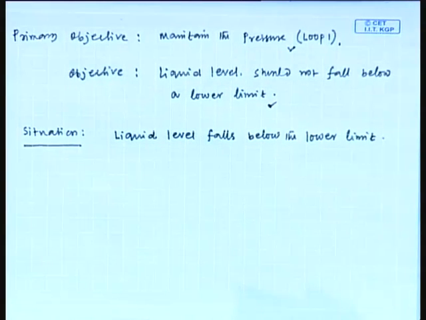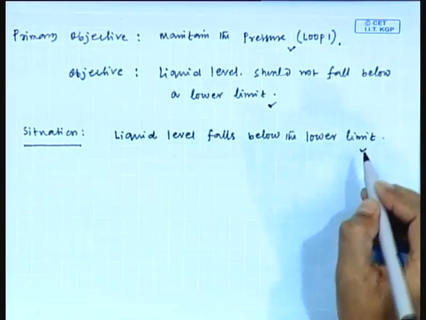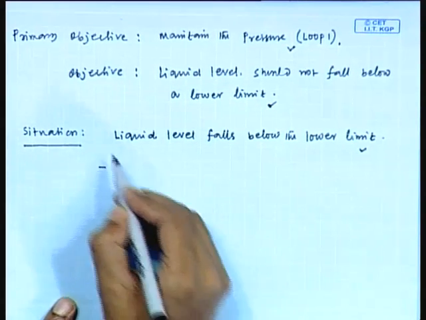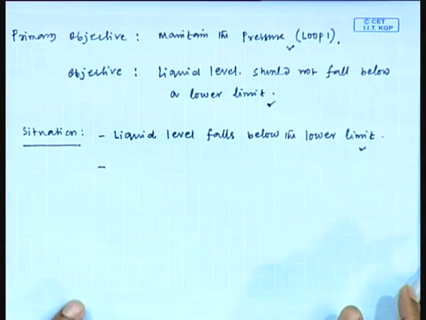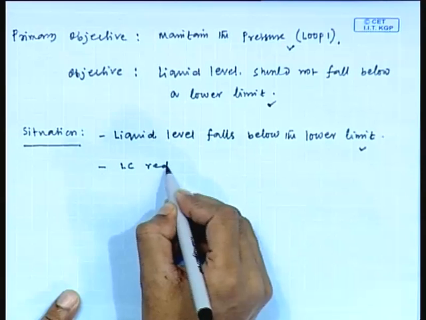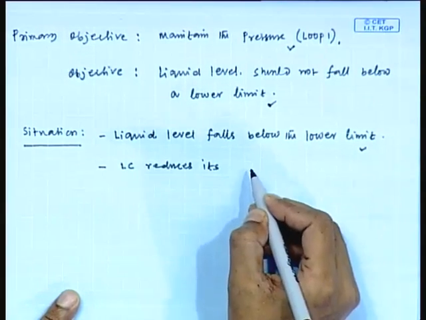Accordingly, the level controller reduces its output. Fine. If the liquid level falls below the lower limit, the level controller reduces its output to close the valve.